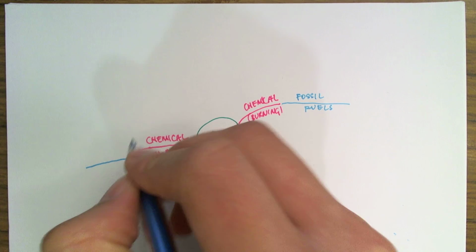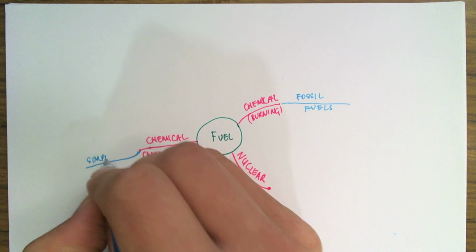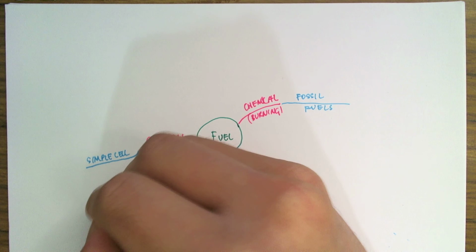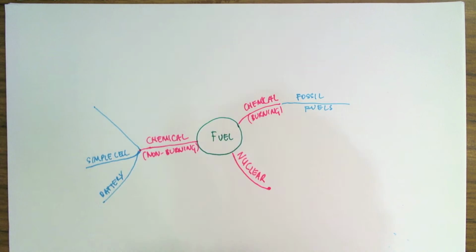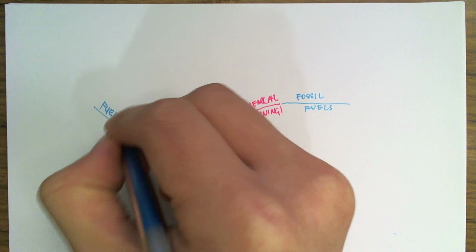So there'll be a couple we'll look at. We'll look at something called a simple cell. We can also have a battery and something called a hydrogen fuel cell.